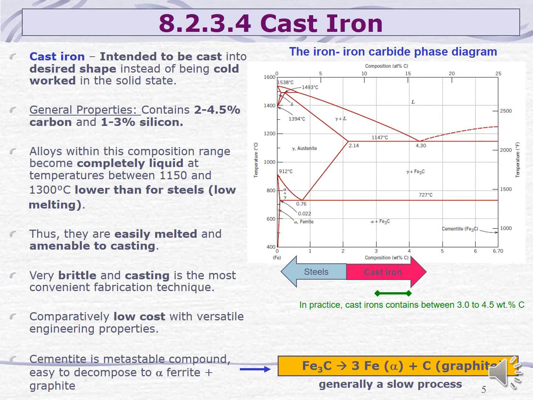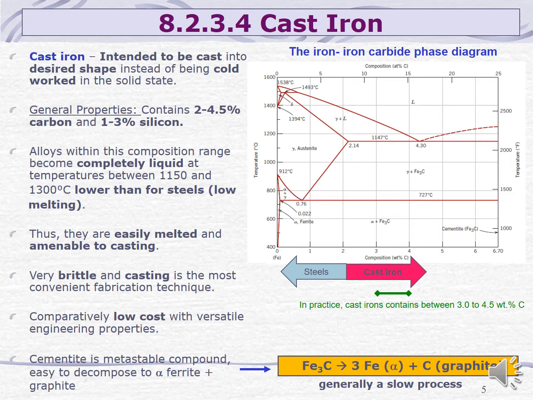Okay. Now we move to the cast iron. Okay. Cast iron is the big group of ferrous alloys. In ferrous alloys, we have the steels and also cast iron. Okay, what is cast iron?